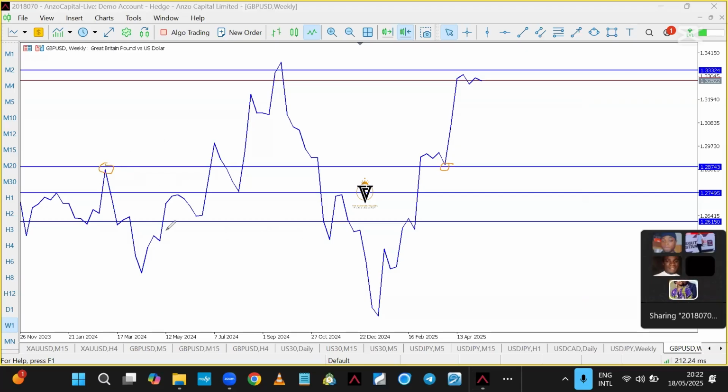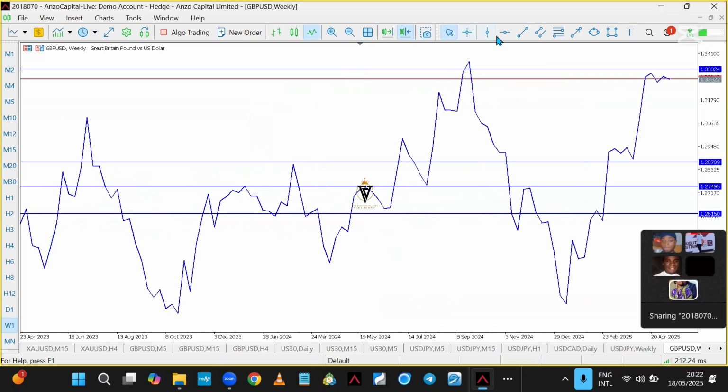Okay, that's the level I'm seeing. So let me look for others. 2 above price, 2 below price on all time frames.